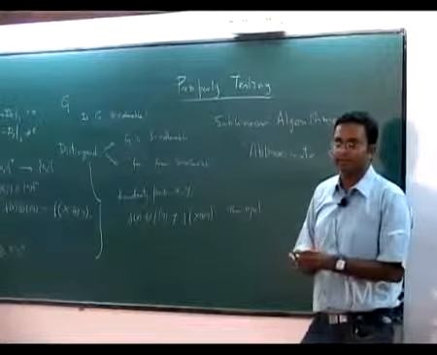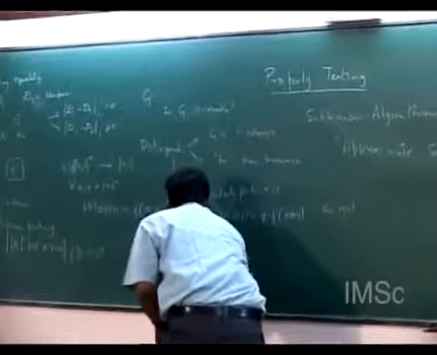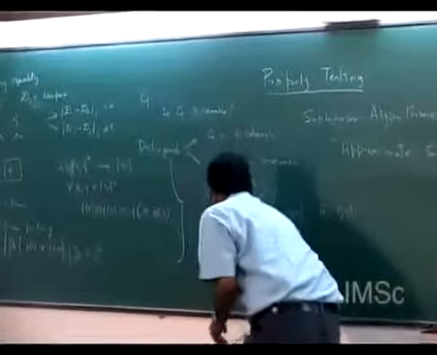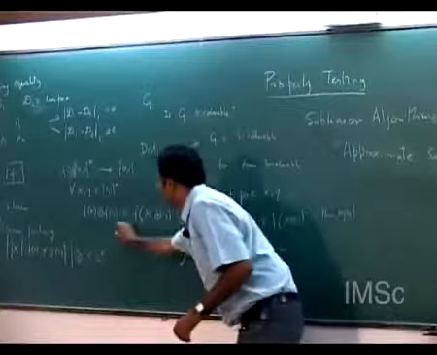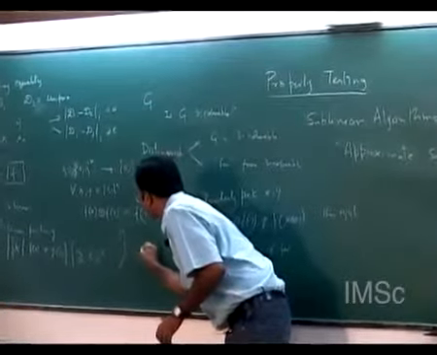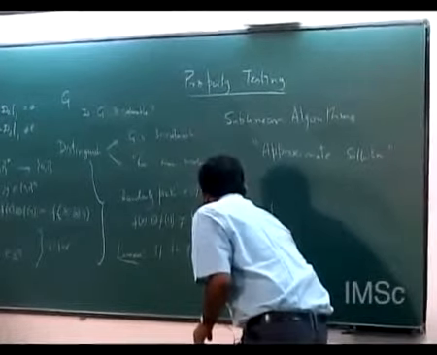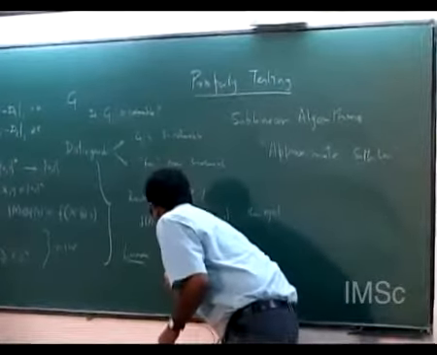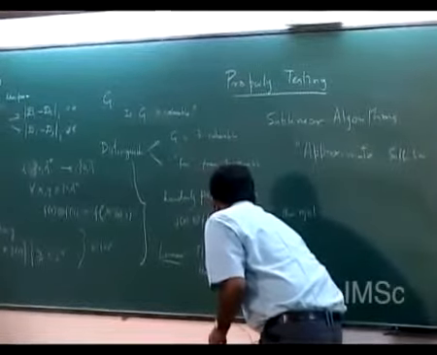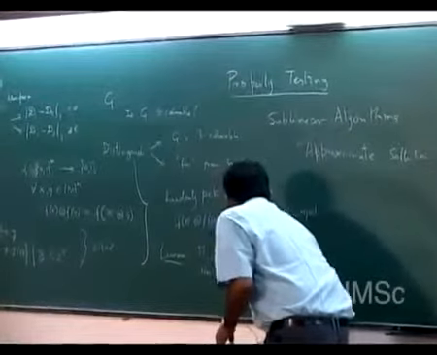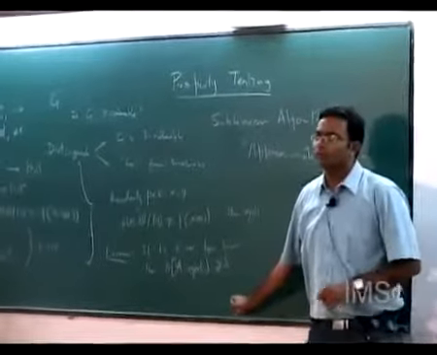So I would like to claim some lemma: if f is epsilon far from linear, according to this definition, then the probability that my algorithm rejects is at least some non-zero constant quantity.